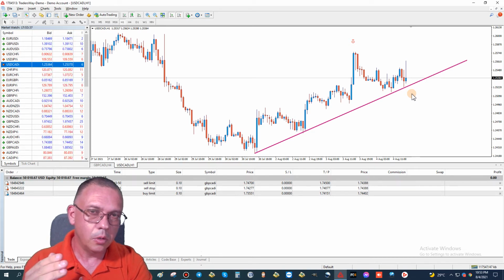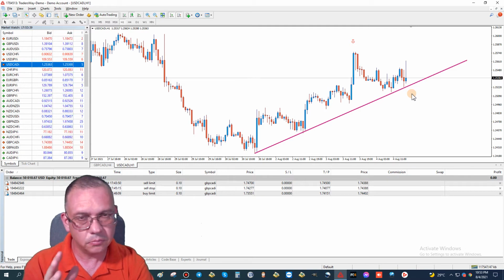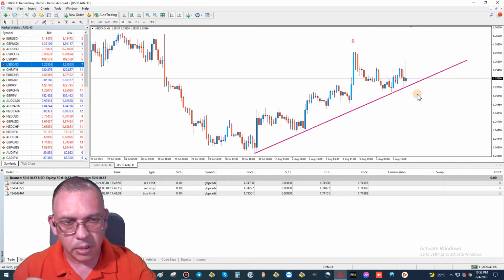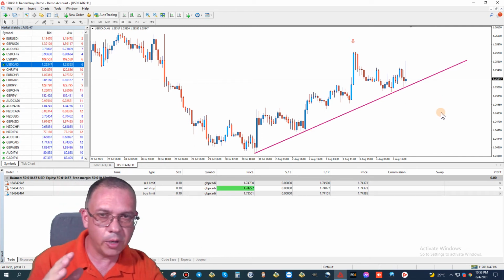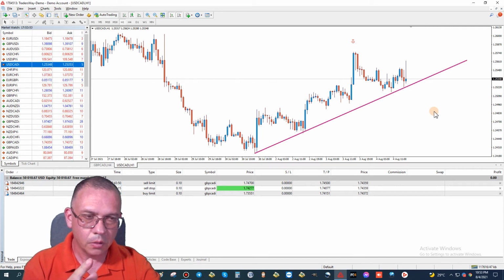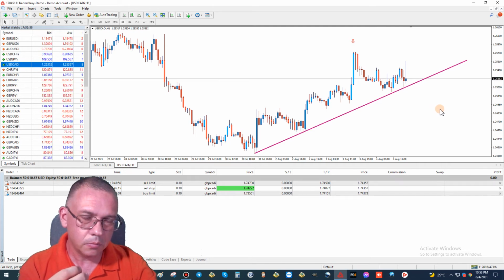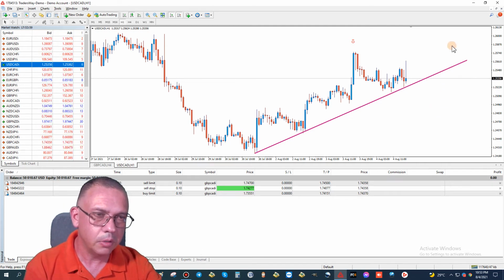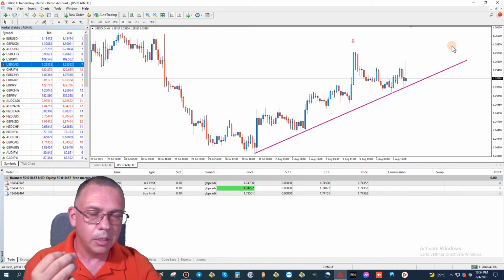So what could happen is this could drop down, this could break this support and drop down somewhere in here over the next 48 hours, Wednesday and Thursday, and then Friday when the non-farm payroll comes out, shoot back up again.